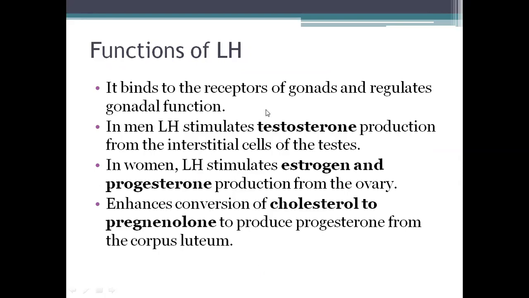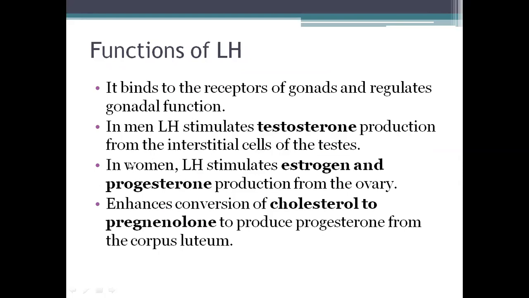What is the role of it? Now, LH mainly binds to the receptors of the gonads, testis, and ovaries, and it regulates the gonadal functions. In men, the LH acts on the interstitial cells, stimulating them to produce testosterone, which is a very important sexual hormone.